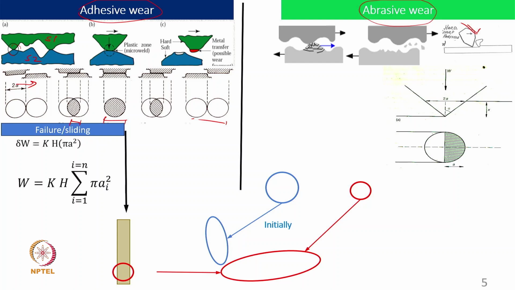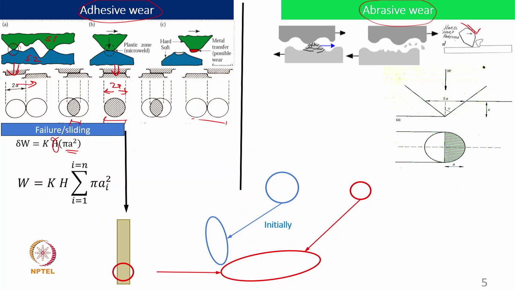We say when we talk about adhesive wear, we are applying a normal load, in this case W. When the contact is completely covered, how will the load be given? The diameter is 2a, so we can take the area as pi a square, and we know plastic deformation happens, or rupture or removal of the surface happens, when we multiply with the hardness.